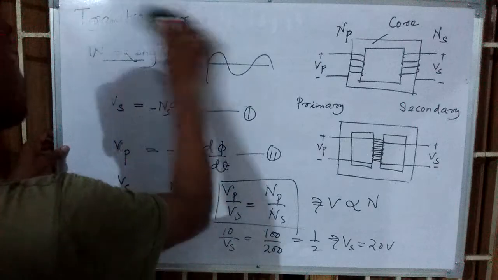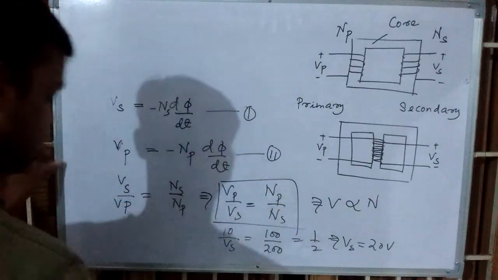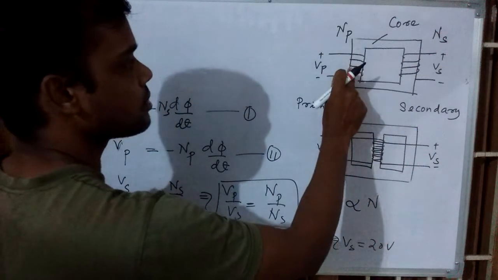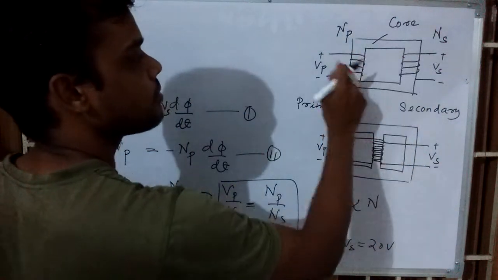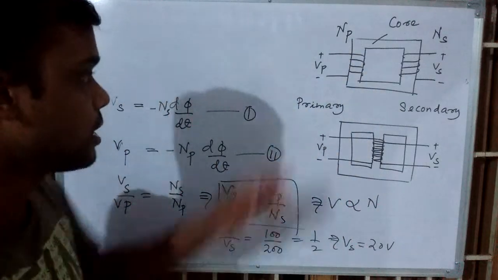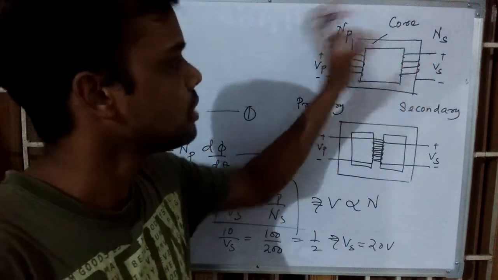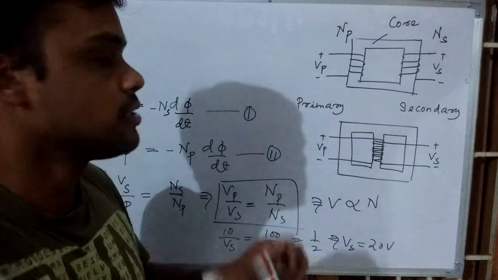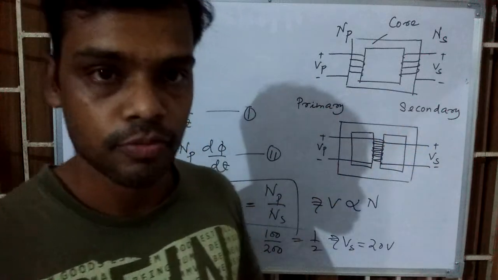So next consider the current. Suppose we consider that all the energy provided by the primary is utilized in the secondary. Whatever energy is produced by the primary, it consumes all of it in inducing the voltage on the other side. If there is no energy loss, that means power at the input is equal to power at the output.